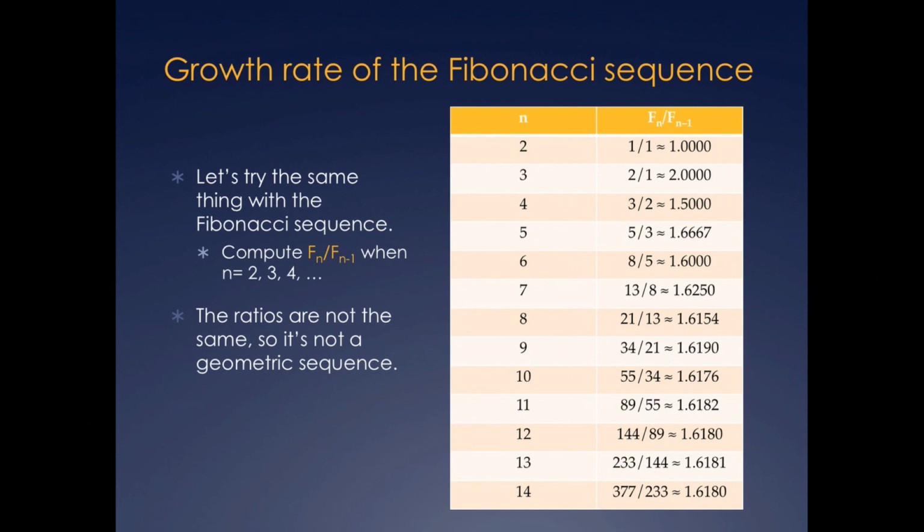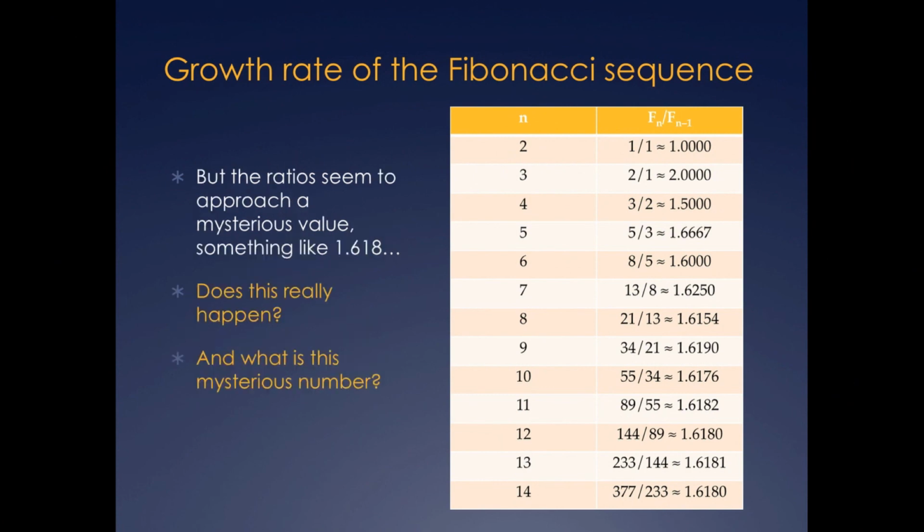It seems as if they are settling down to some value, and that value looks to be about 1.618. That's pretty remarkable. The ratios seem to approach a mysterious value. Not any familiar looking number, I don't think. It's a number somewhere around 1.618.